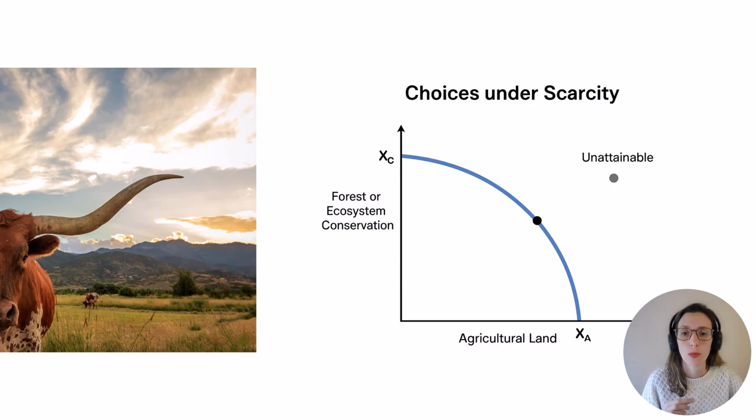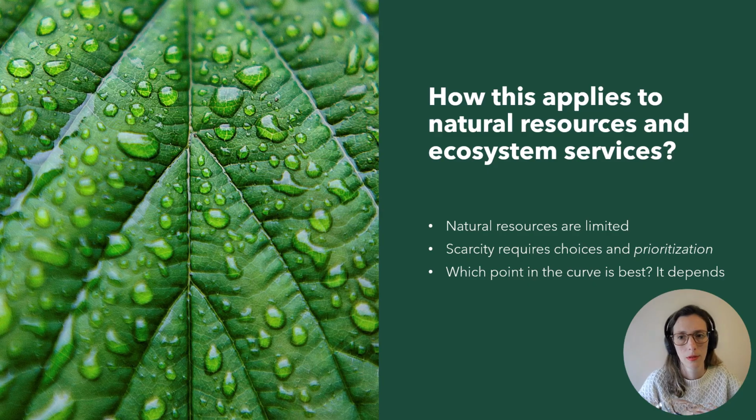It is possible to increase both agriculture and conservation lands without giving up either. This means that the land is not being used optimally. Points outside the curve, such as the one in the figure, show allocations that are not feasible because there are no resources. Remember, land is a limited resource.